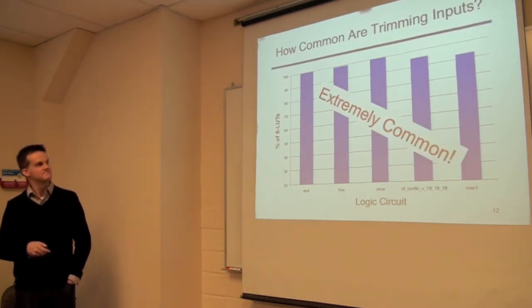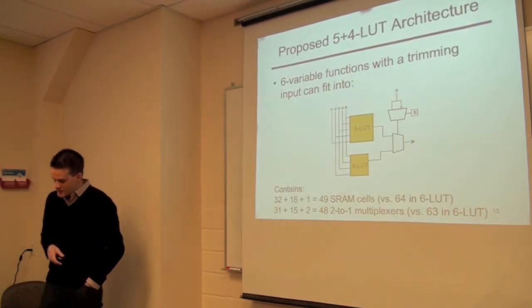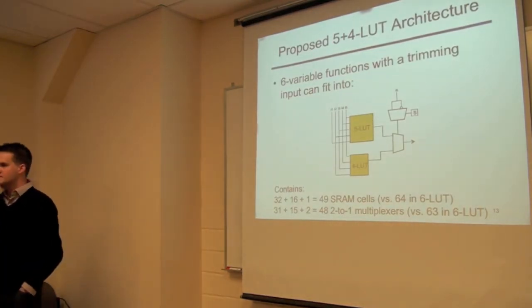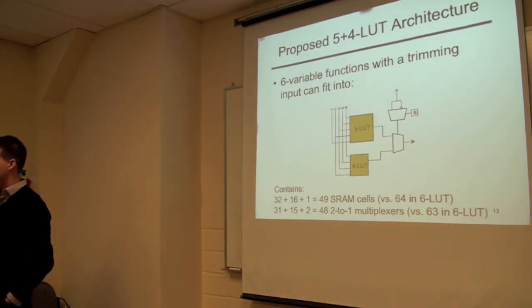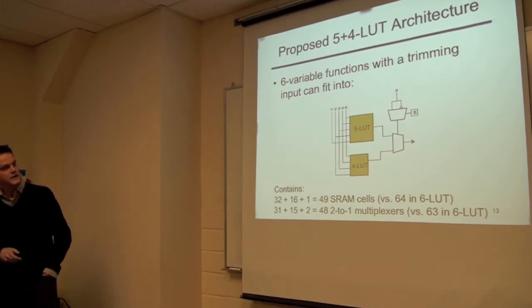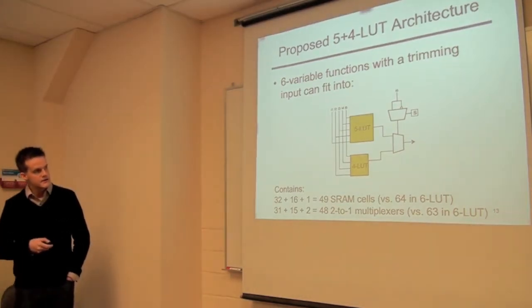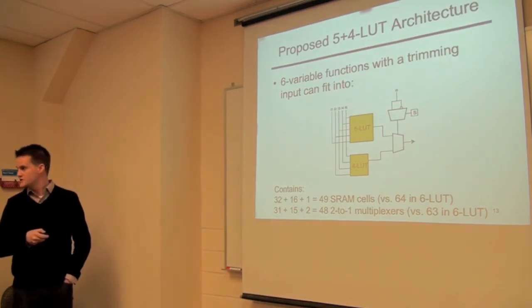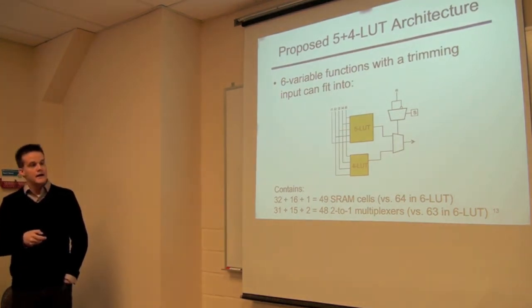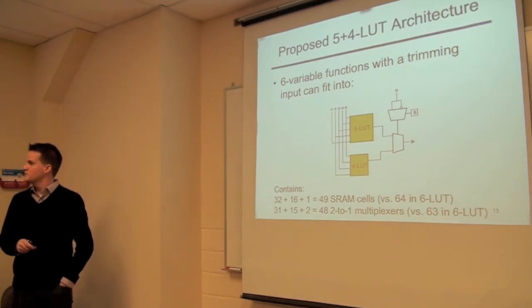They're extremely common. So the nice thing about a trimming input is that if a 6-input function has one, you don't need the full computational power of a 6 LUT to implement that logic function. It can be implemented in this structure right here, where you attach the trimming input to input I6, and remember, one of the cofactors will be small.